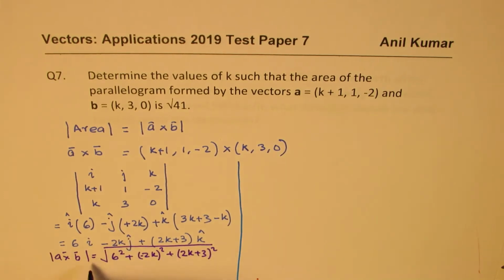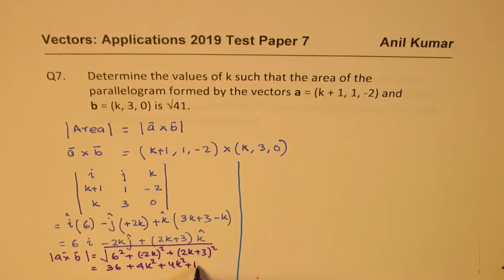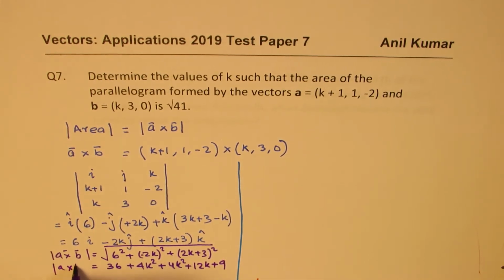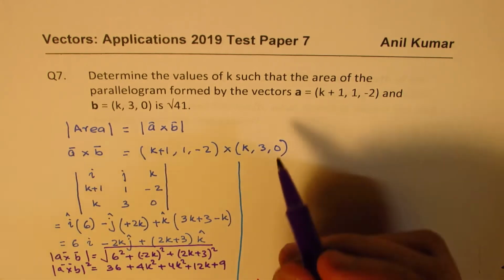Let me write this as 36 plus 4K squared plus, when you open this, 4K squared plus 12K plus 9, right? So A cross B whole squared will be all this.